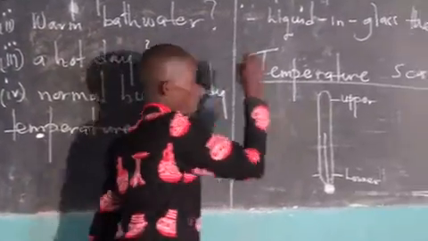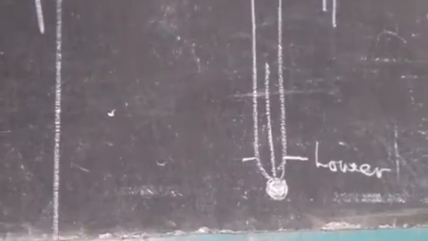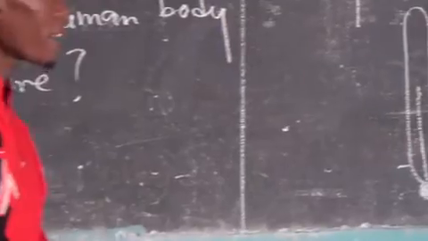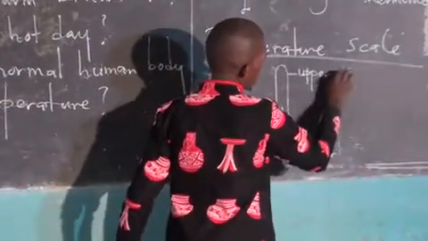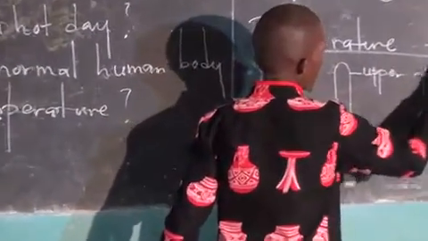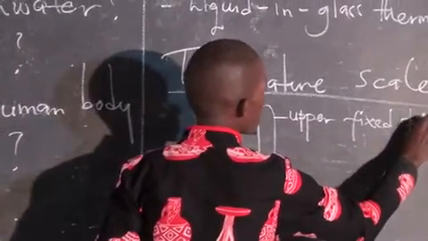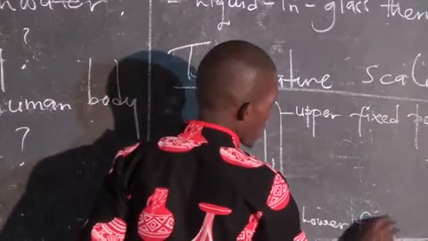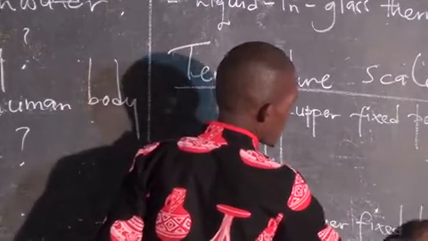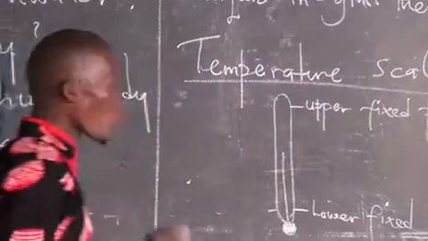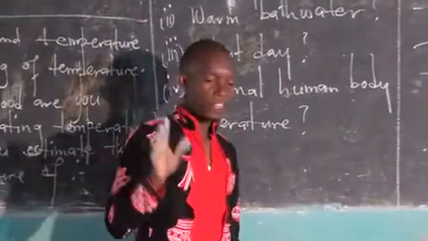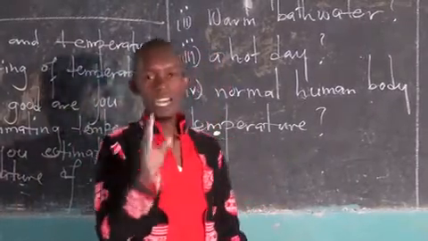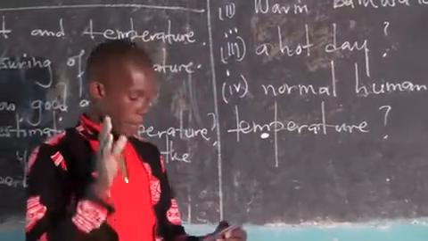What is at the upper fixed point? When you talk about the upper, what is that? And when you talk about the lower fixed point? You should get to know the definition of the upper fixed point and of the lower fixed point.